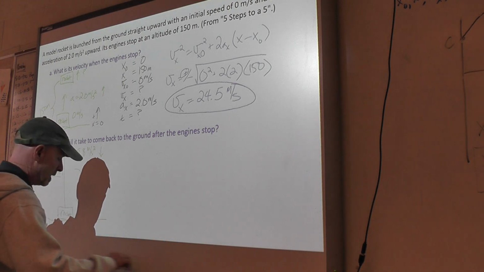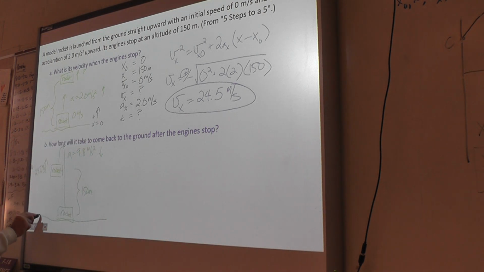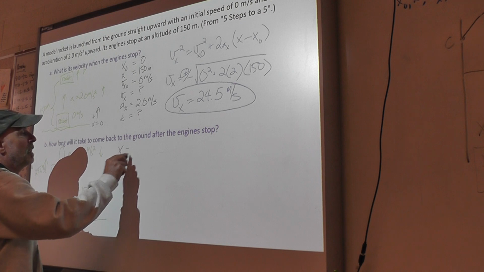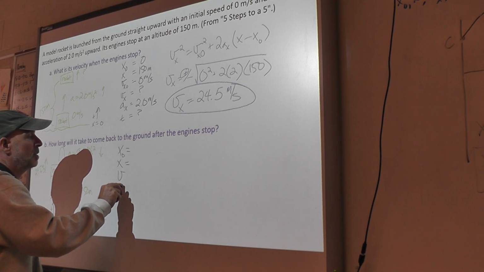So let's add our reference information. In this case, it makes sense for position 0 to still be the ground. And let's make up the positive direction. So that means it starts at position positive 150. It has an acceleration that's negative, and its initial velocity is positive. When we make the variable inventory, just put all those same variables in again.